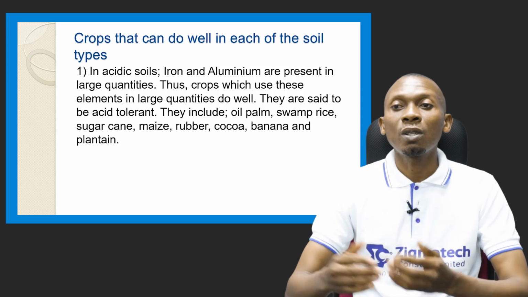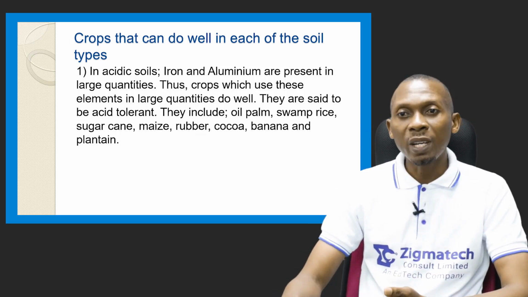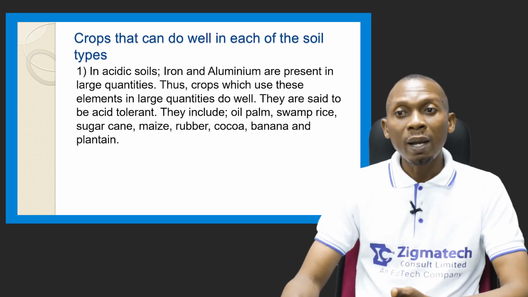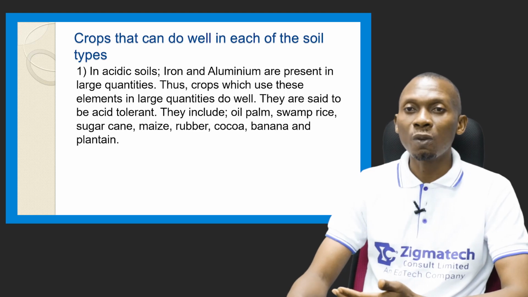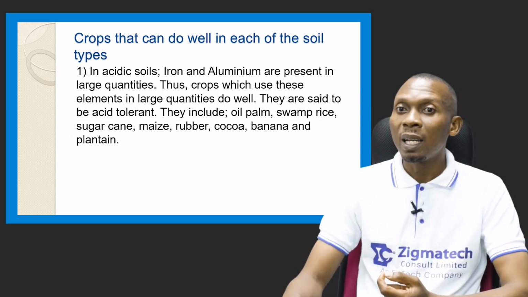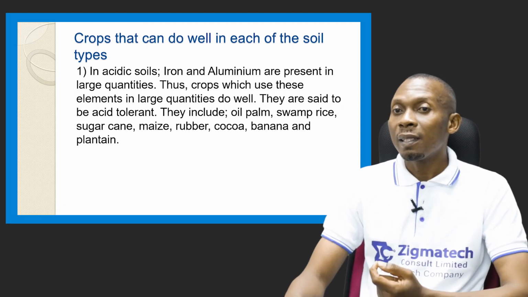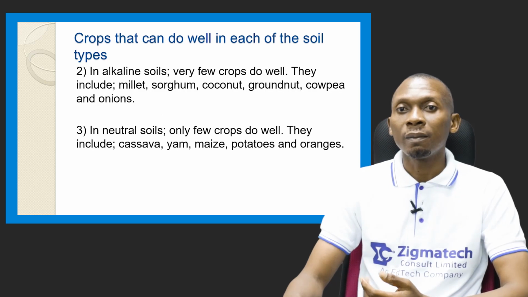Examples of such crops include oil palm, swamp rice, sugarcane, maize, rubber, cocoa, banana, and plantain. So these are examples of some crops that can thrive well in acidic soils, and the reason is because they need certain elements like iron and aluminum in large quantities.